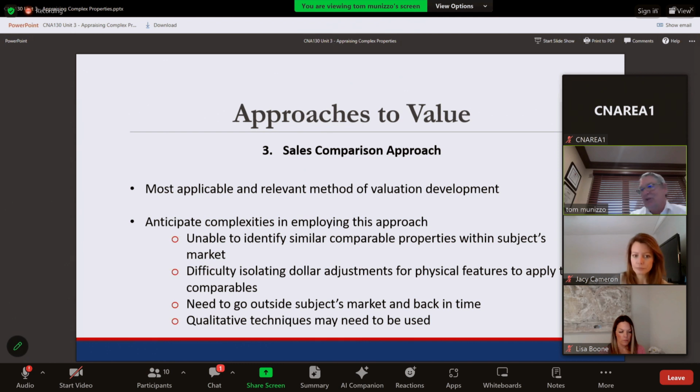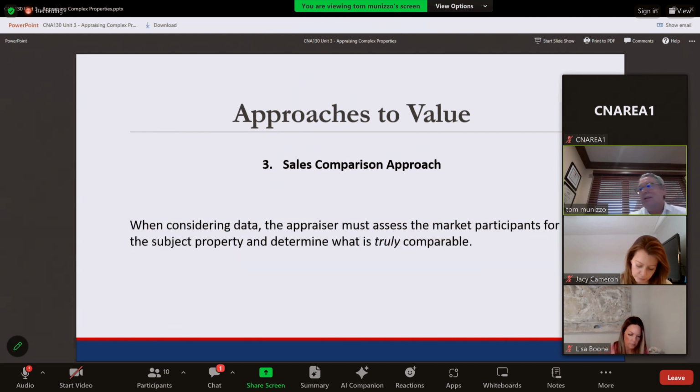Some of the challenge with the sales comparison approach is finding other comps in the market that are similar, and isolating adjustments for the physical features that apply to the comparables. You need to go outside the subject's market and back in time, and qualitative techniques may also be used. When considering data, we have to consider the market participants for the property and determine what is truly comparable.